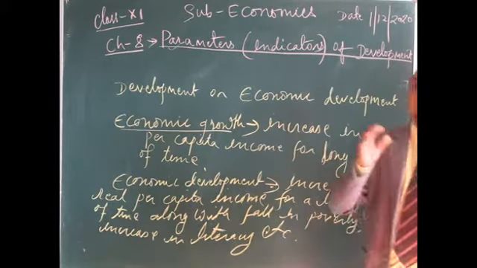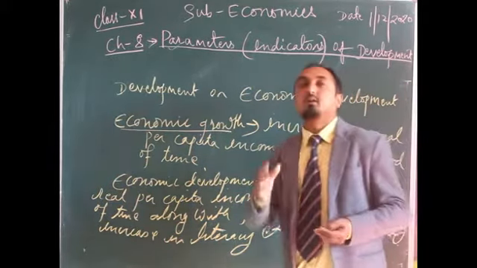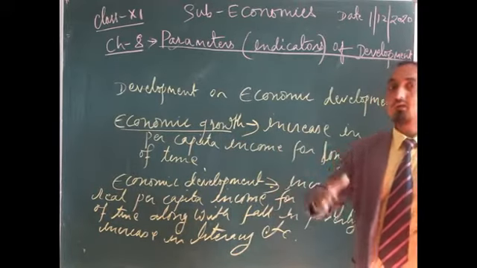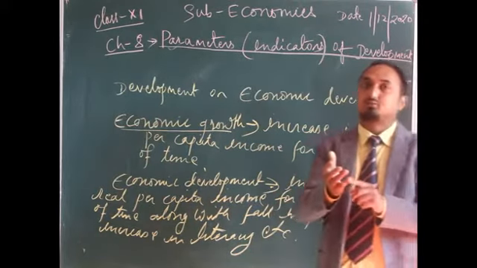So we have mentioned that economic development is a multi-dimensional phenomenon in which there is an increase in per capita income for a long period of time. That is true. Along with that, the literacy rate should improve.